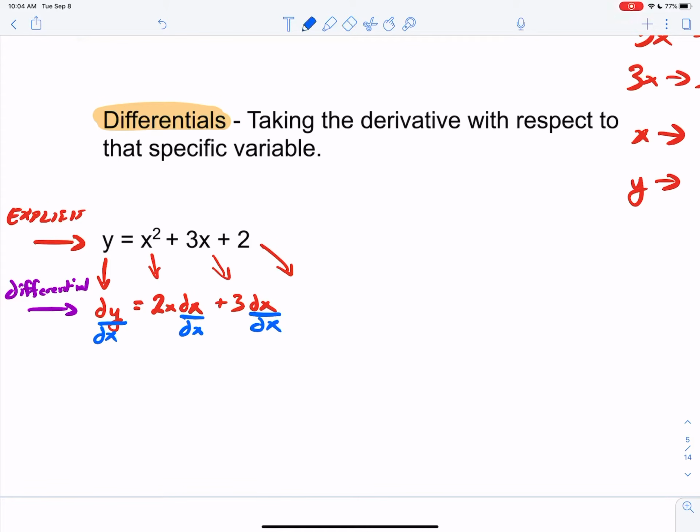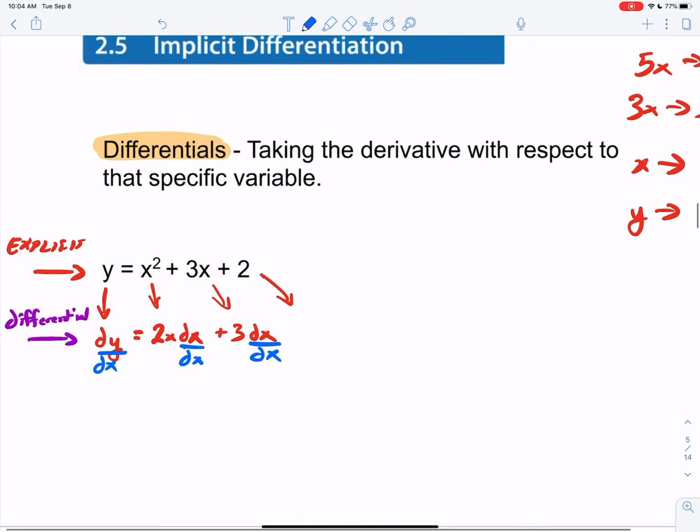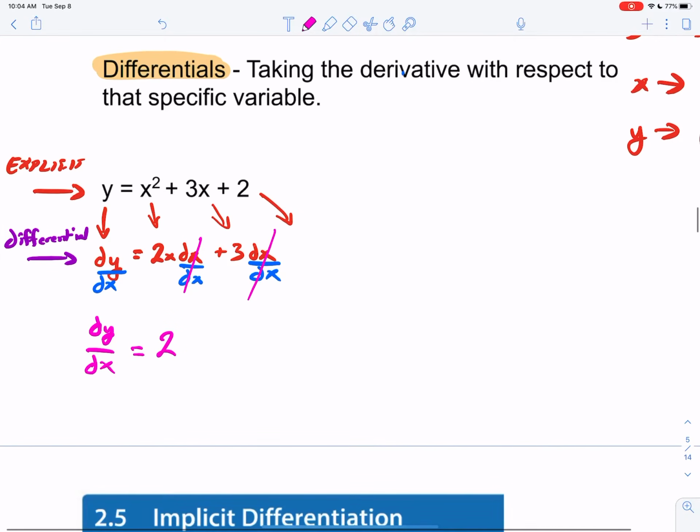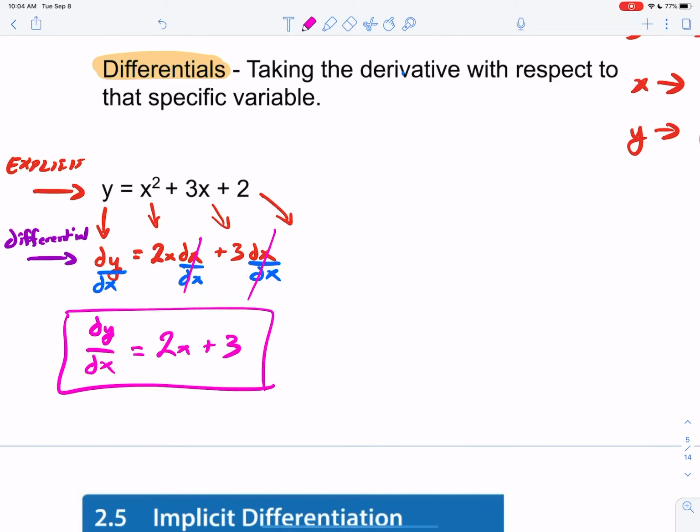But I'm not going to write that. So this is going to give me dy dx is equal to, I notice that dx divided by dx just goes away. And I'm going to be left with 2x plus 3. And that is my derivative. That is my instantaneous rate of change. That is my slope of a tangent line.